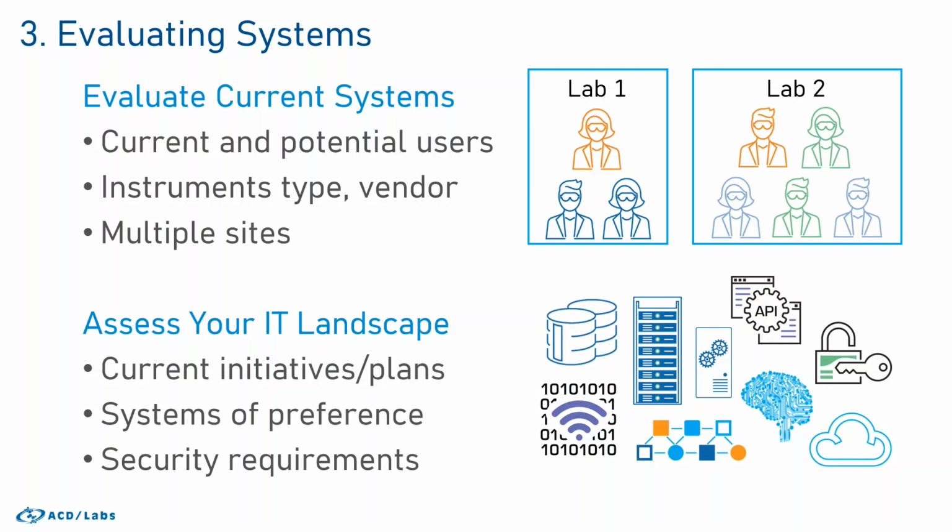Have they standardized on a cloud provider or an object store? You need to understand their transition in terms of new technology, so that there are some commonalities, making it easier for whatever plan you devise and whatever systems you implement to be deployed within your IT landscape, but also further downstream in terms of future-proofing, right? So you want to keep the IT landscape in mind.